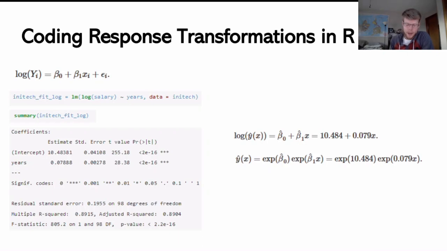And then we just have to keep in mind that the fitted values that I'm getting, so my beta hat coefficients, are fitting this model right here, where I have the log of y equals this intercept plus this slope value times x. Now mathematically, if I wanted to return back to the original units of y and make that transformation now on the predictor side, then I just have to take the e, the exponential of these terms. And so then my y hat would be the exponential of the intercept times the exponential of the slope times x.